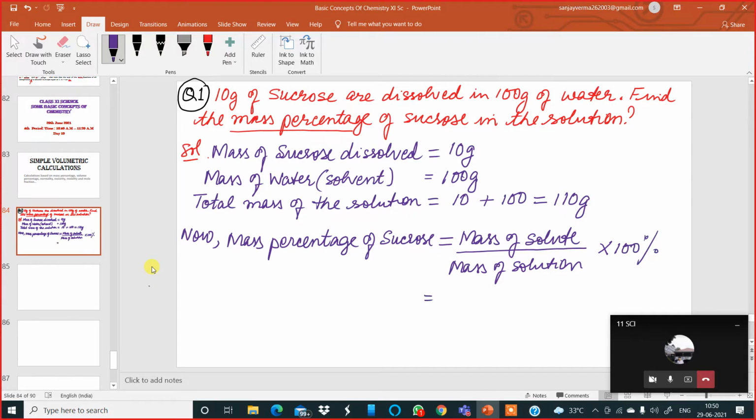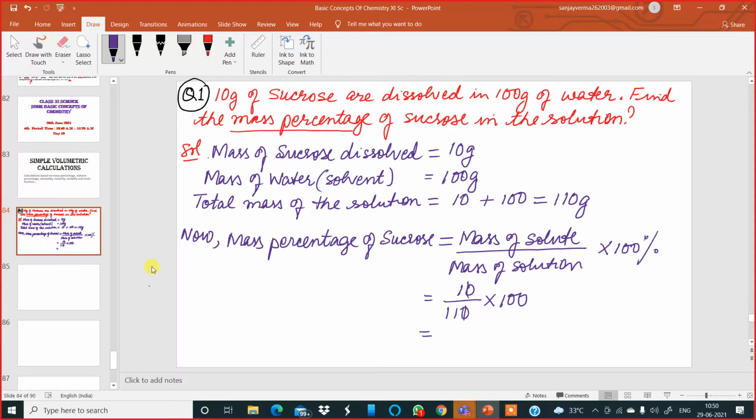The mass of solute is 10, mass of solution is 110, into 100%. If you simplify this, you will get 100 by 11, approximately 9.09%. So we can write 9.09 W by W.